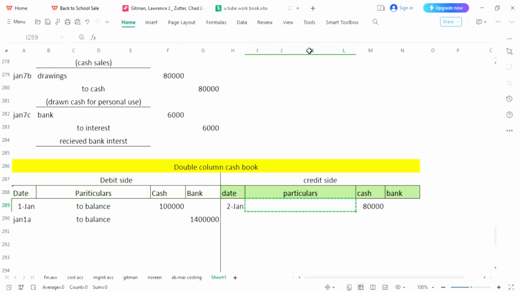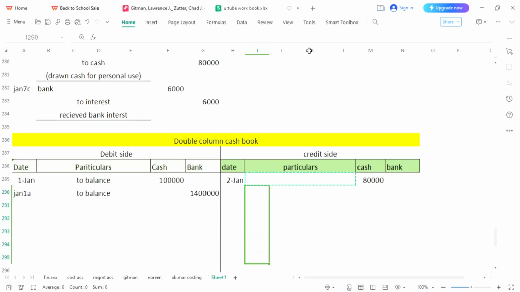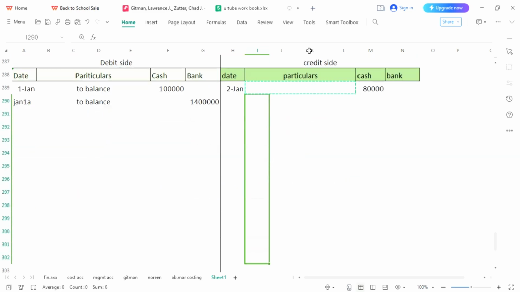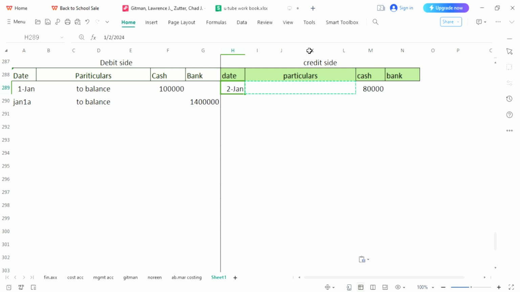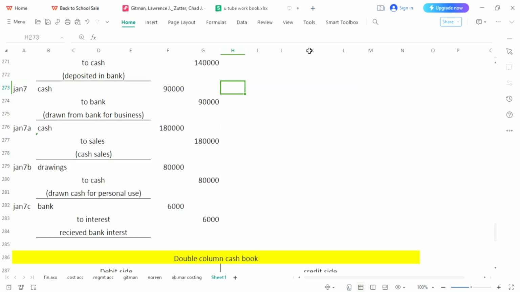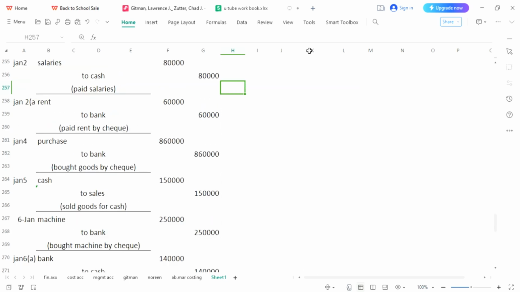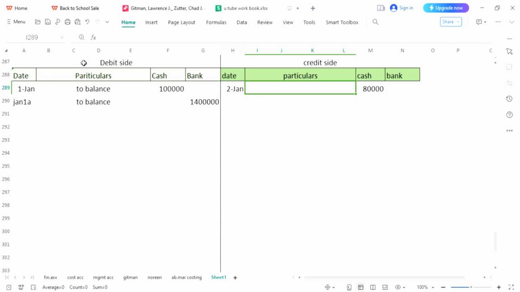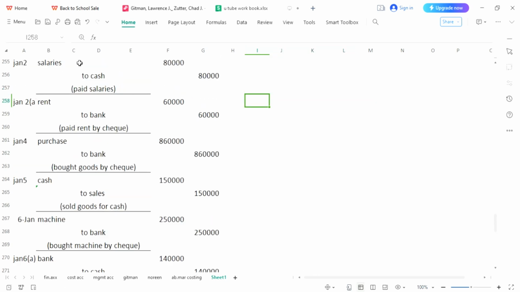Actually, I am going to correct it. Okay. Now we will see January 2. This was your entry of January 2, cash was credit. What is written on the opposite side? Salaries. So you will write salaries over here. January 2nd, this entry has been completed. We are marking it as it has been completed.